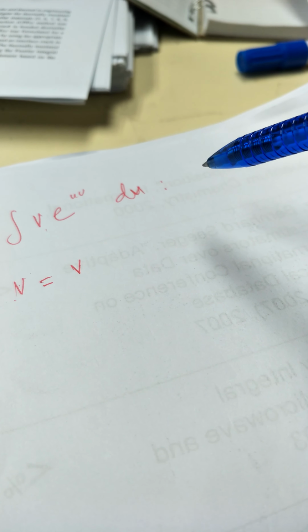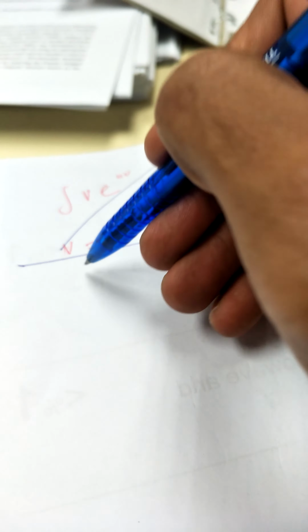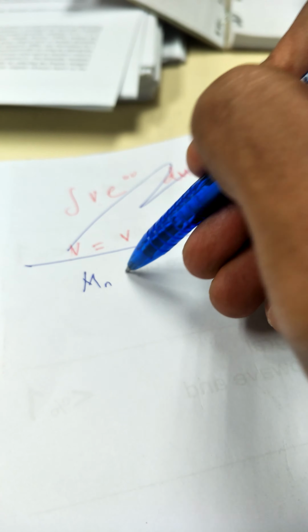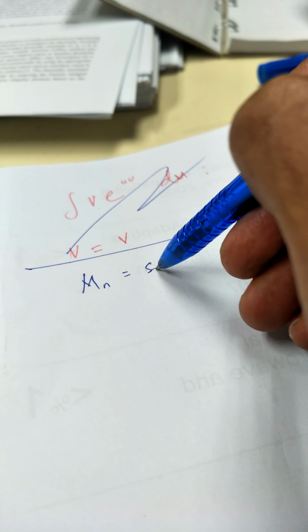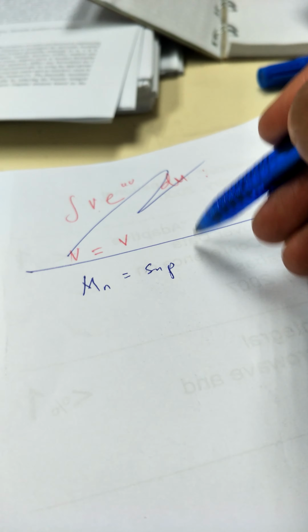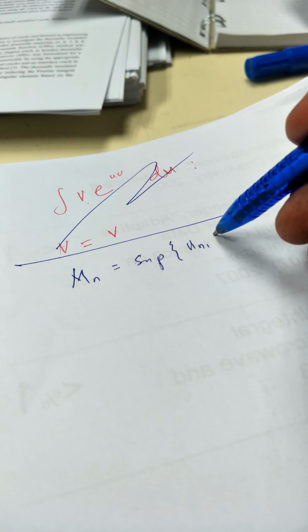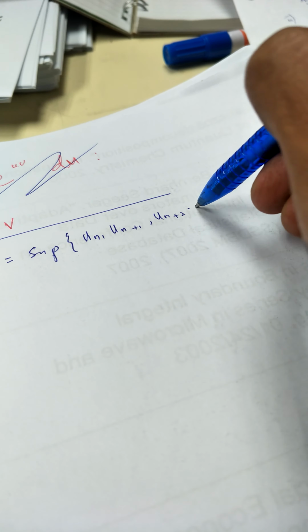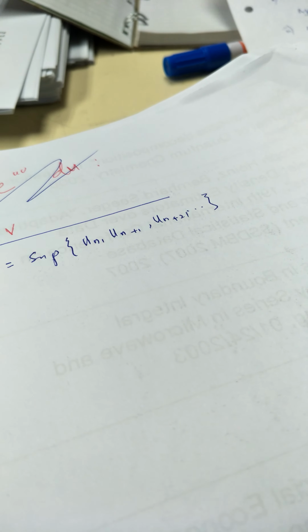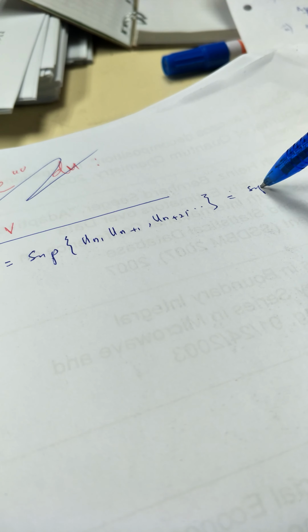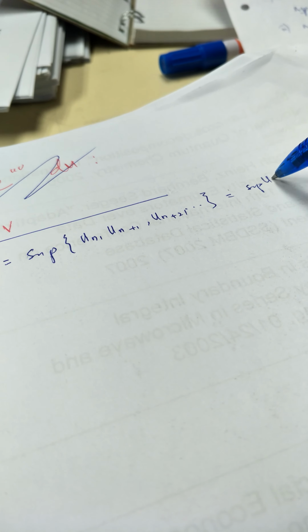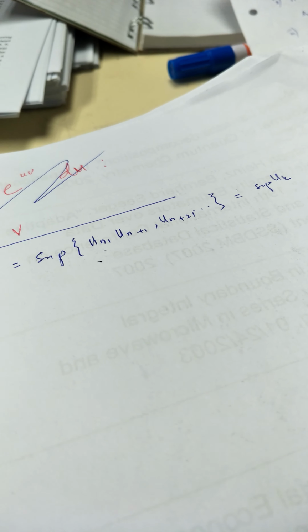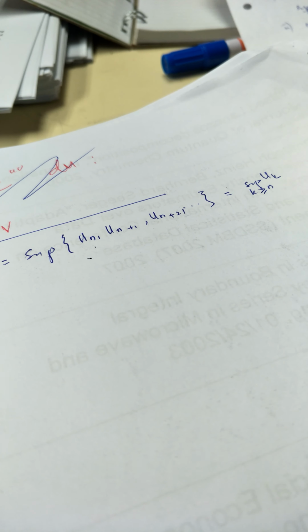Okay. Now let's say I define M_n as the supremum of u_{n+1}, u_{n+2}, and so on. This is the supremum of u_k for k greater than or equal to n.